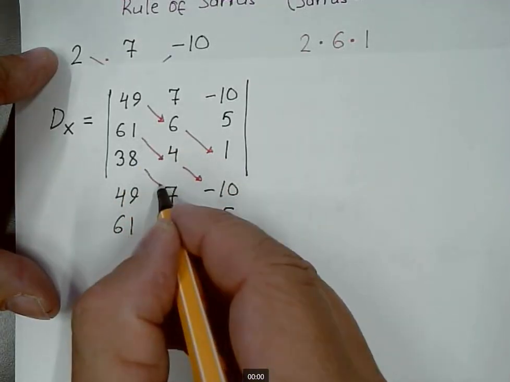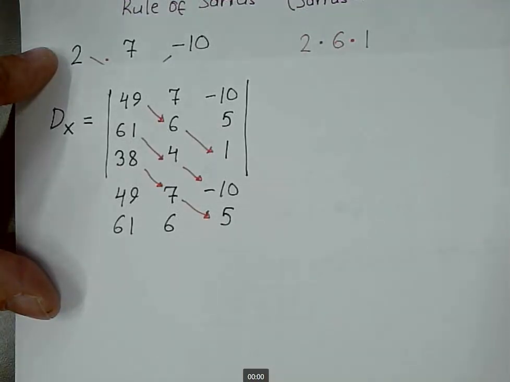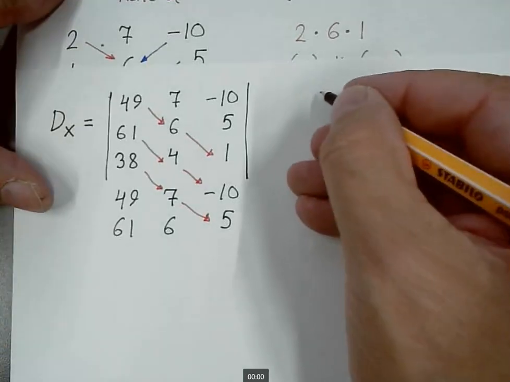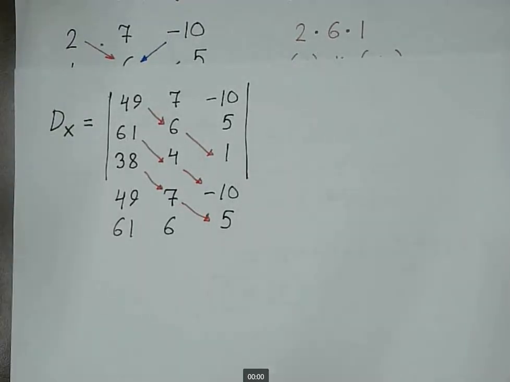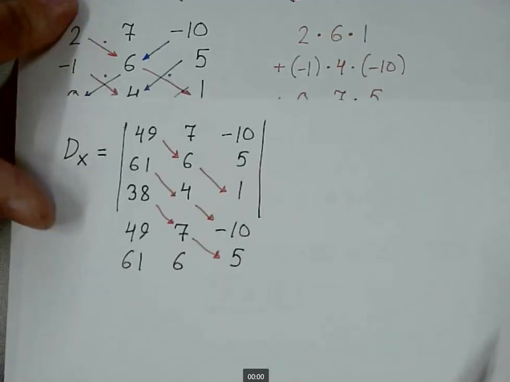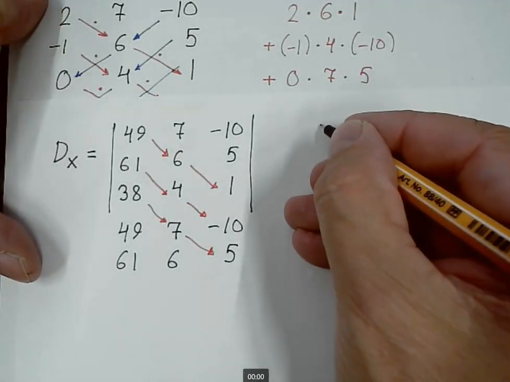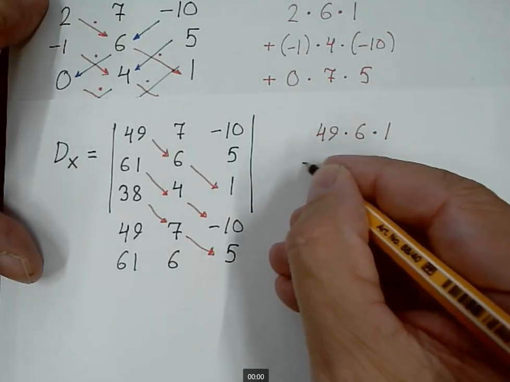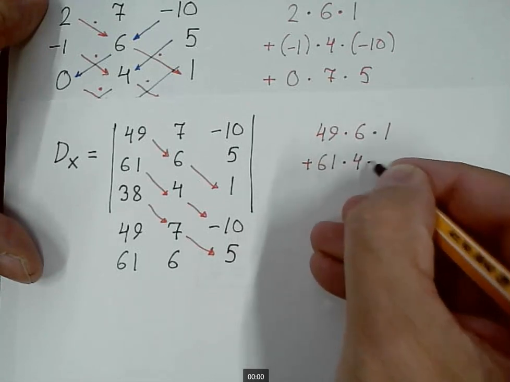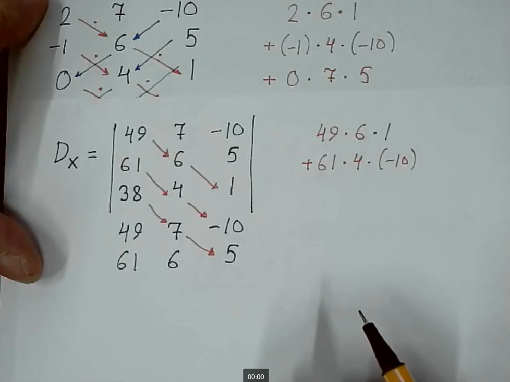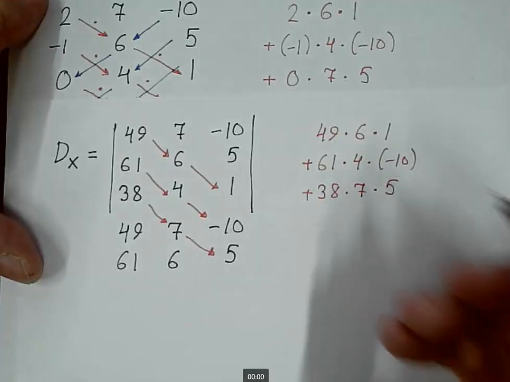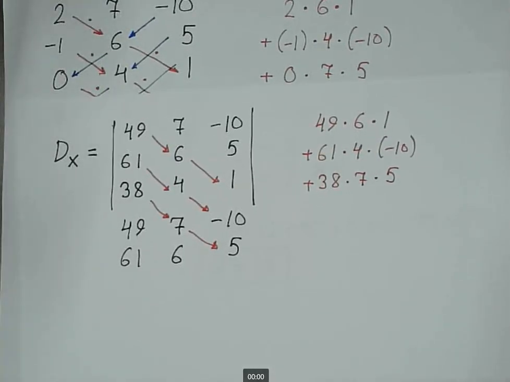These will be multiplied. We will get, I will use the color logic there. 49 times 1 times 1 plus 61 times 4 times minus 10 plus 38 times 7 times 5. Those were the products of this positive direction.